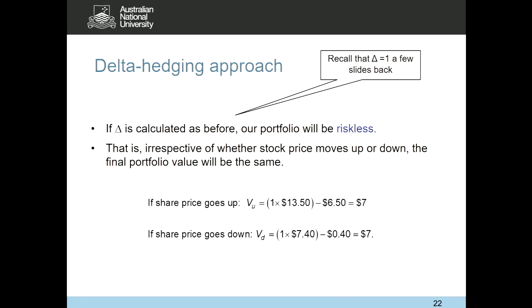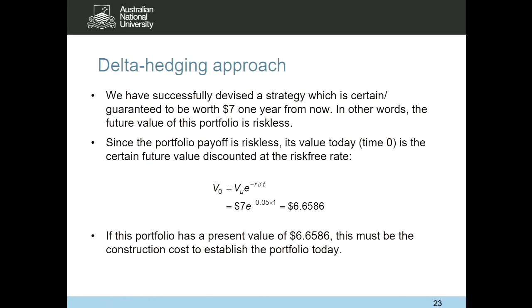So if we can understand that, then we know how to value the zero coupon bond, right? How do we value a zero coupon bond? We simply discount the face value of the zero coupon bond back to the present using the risk-free rate, right? So that's how we value the riskless zero coupon bond. So we can do the same thing to our portfolio.